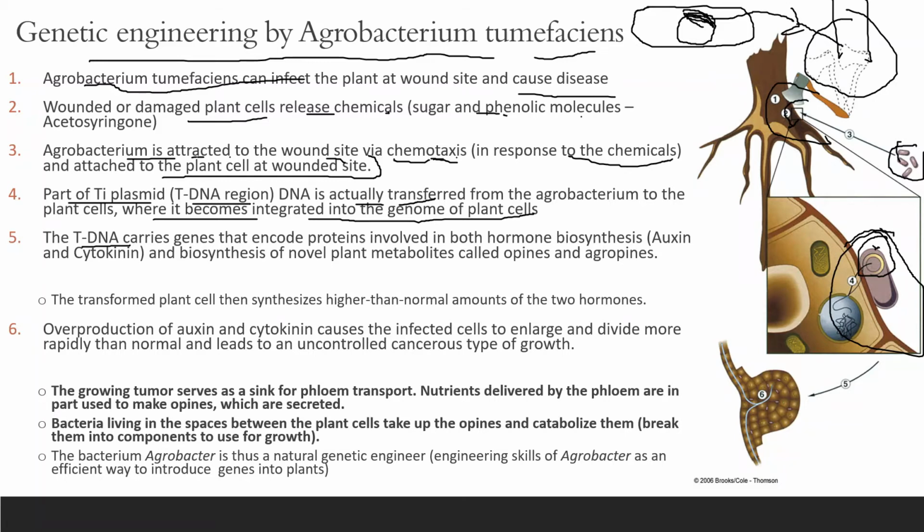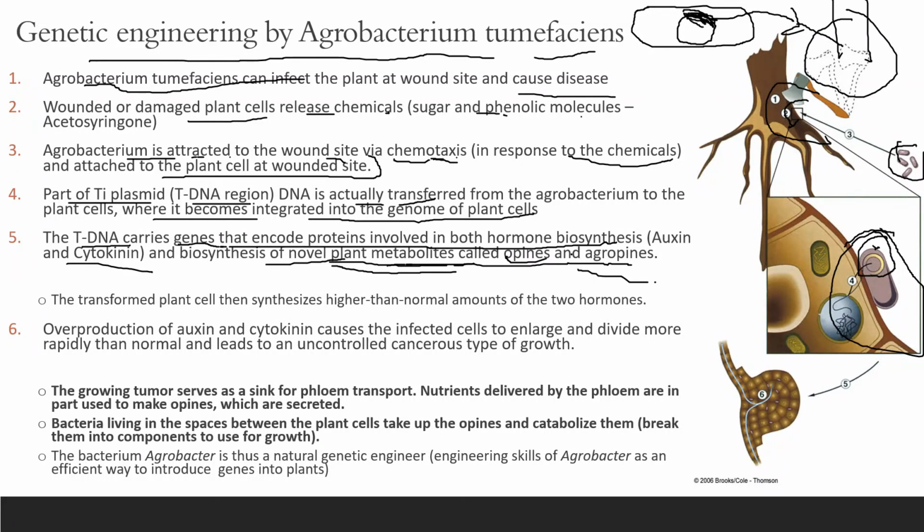This T-DNA carries genes that encode proteins involved in hormone biosynthesis, which can be auxin and cytokinin biosynthesis, as well as biosynthesis of novel plant metabolites called opines and agropines.